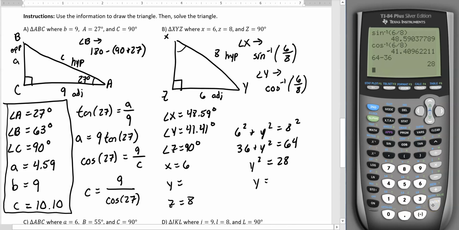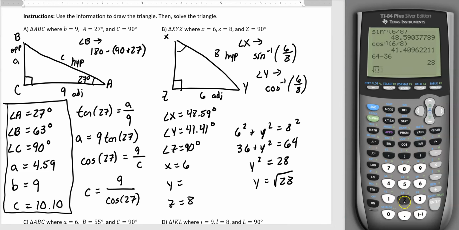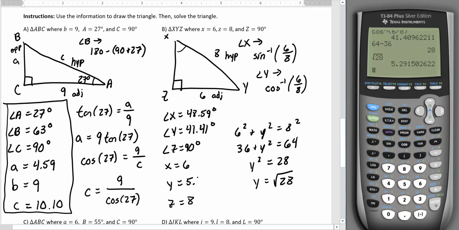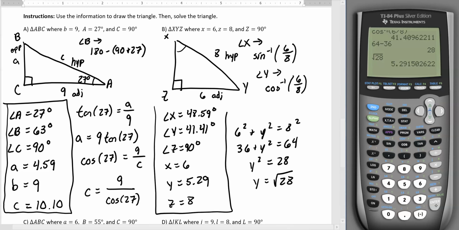So that means y will equal the square root of 28. In our calculator, figure out what that equals. It's going to be just a bit more than 5, I would say. 5.29. And there we go, there is our solved right triangle. We know all the angles and all the sides of this triangle now.